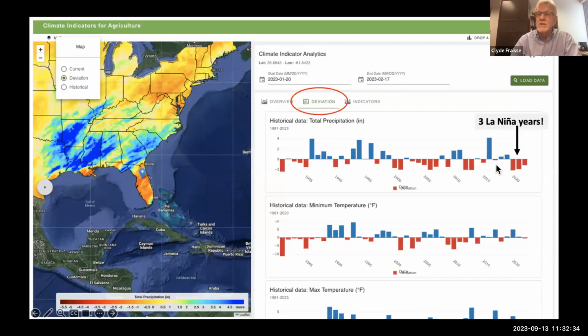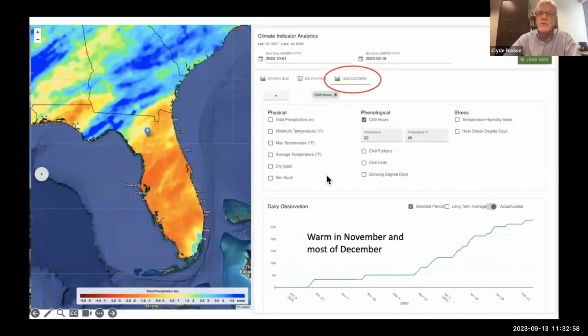This was a slide I prepared last year. In this case, it was the winter time, January and February, one month, and this year was below average, as it has been the last 3 years. And there are some other ideas as well, like maximum temperature, minimum temperature, dry spell, etc. But we can talk about this later.